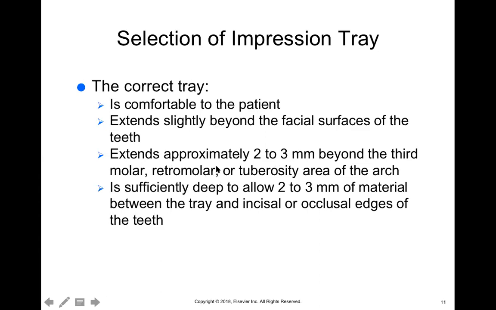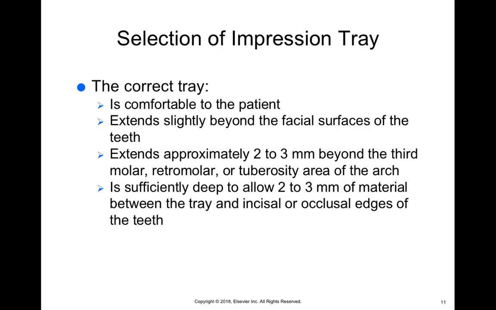The tuberosity, we usually call it the maxillary tuberosity, is the same thing: the area of gum tissue behind your third molar, but on the maxilla. Retromolar is mandibular, tuberosity is maxilla.